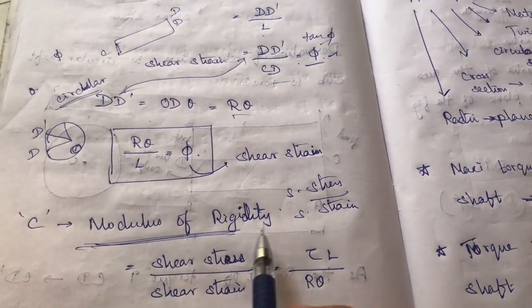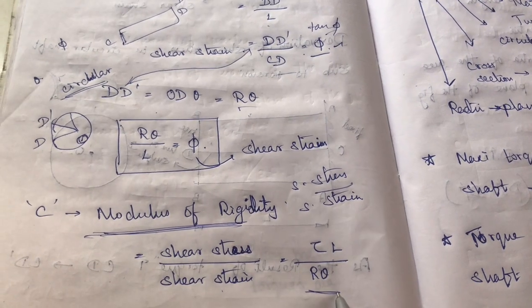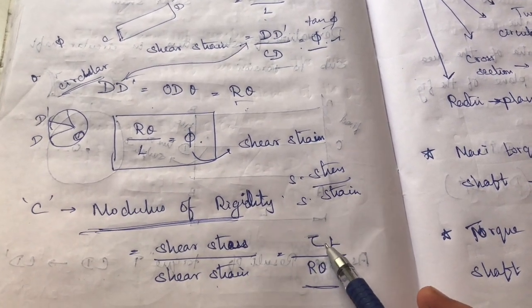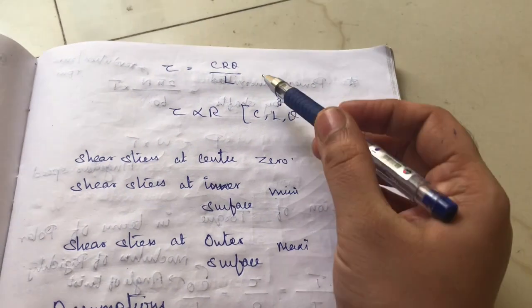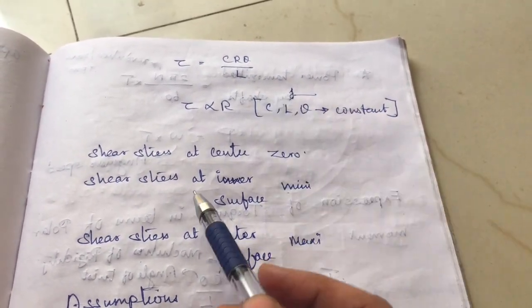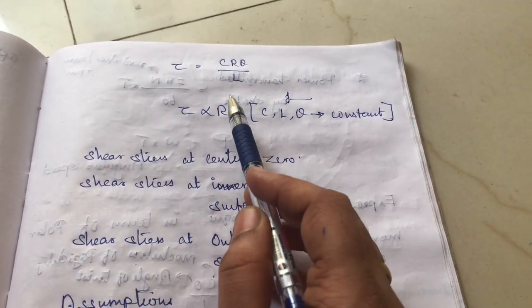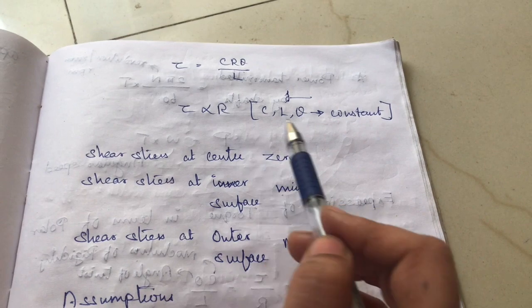So modulus of rigidity will be equal to shear stress by shear strain. We know the shear stress is tau, so tau will be equal to C R theta by L, and here C, theta, L are constant. So tau is directly proportional to R.